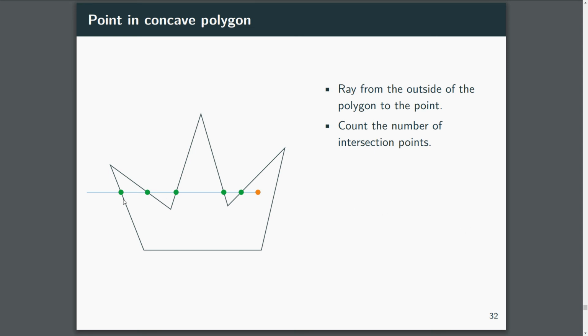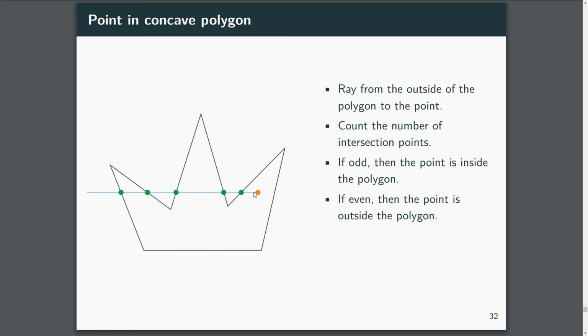So the first intersection is going to tell us, okay, we're in the polygon, and then we're out of the polygon, and then we're in, and then we're out, and then we're in. So because we have an odd number of intersection points, the point has to be inside the polygon. If it's even, then the point is outside the polygon.